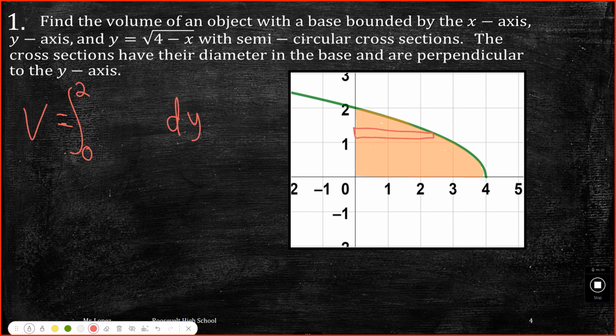And then the area here, no? We want to do semicircular. So what was the formula for semicircular? Pi r squared divided by 2 is the area.